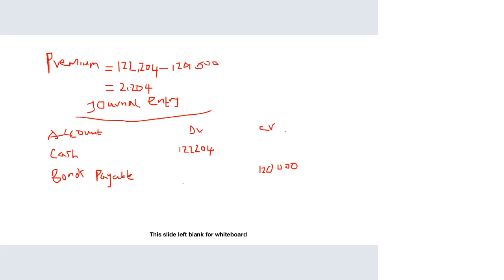Then the next account is the premium on bonds payable. Premium on bonds payable, again, we credit. We have already determined the premium as 2,204.